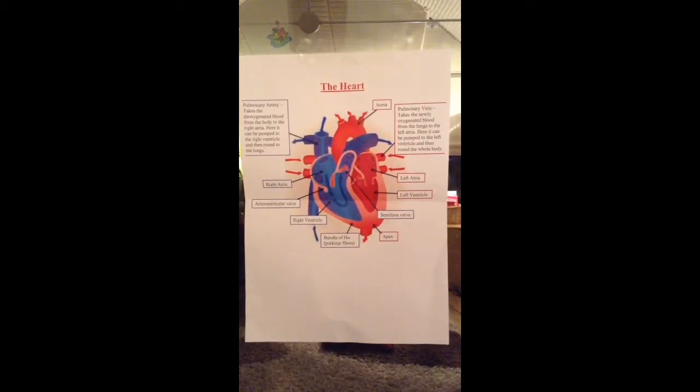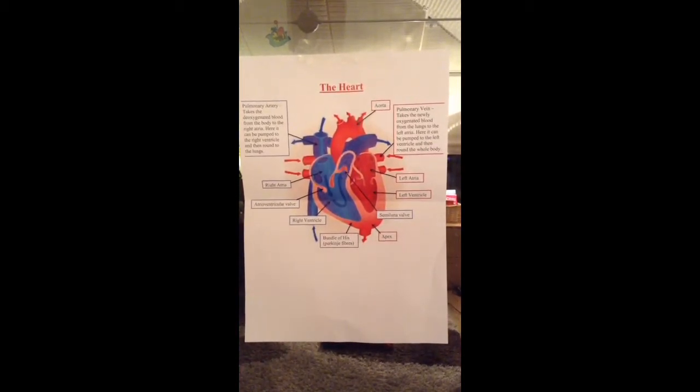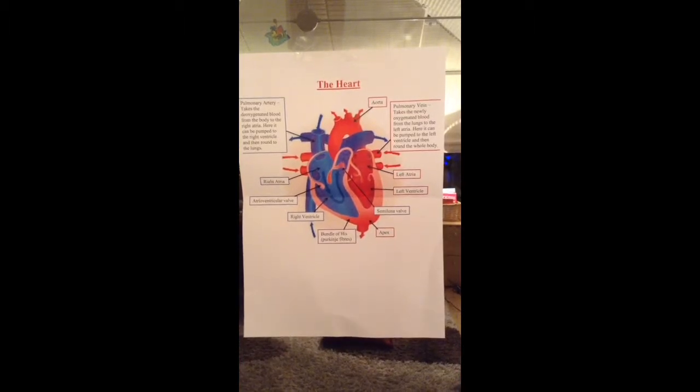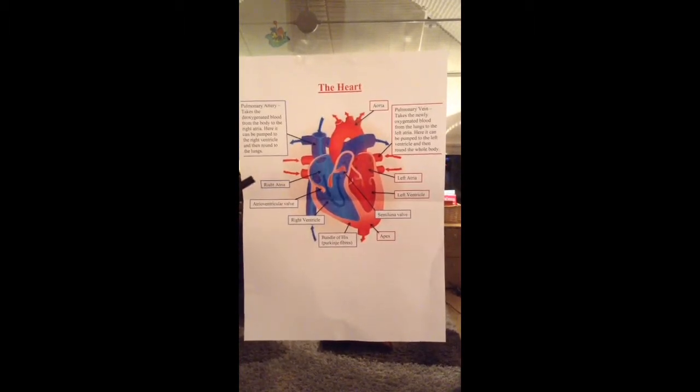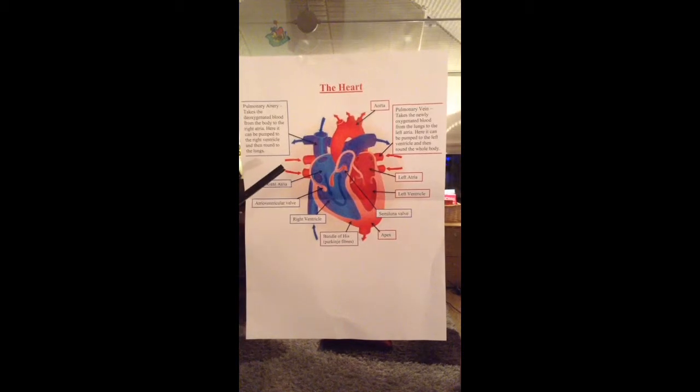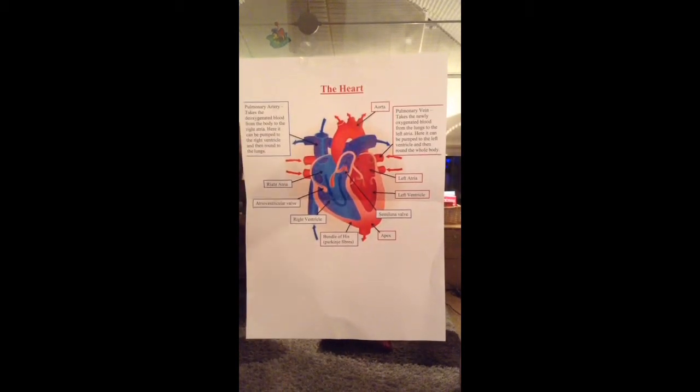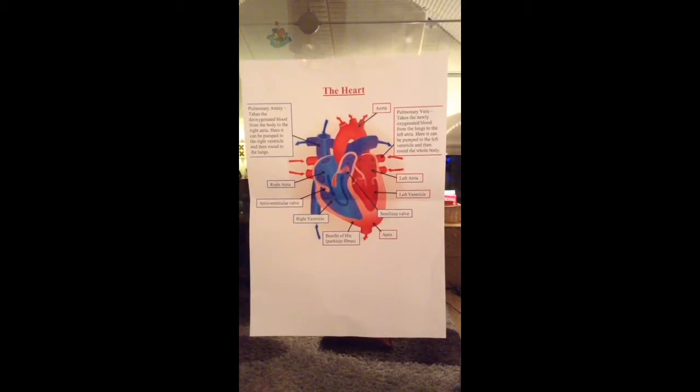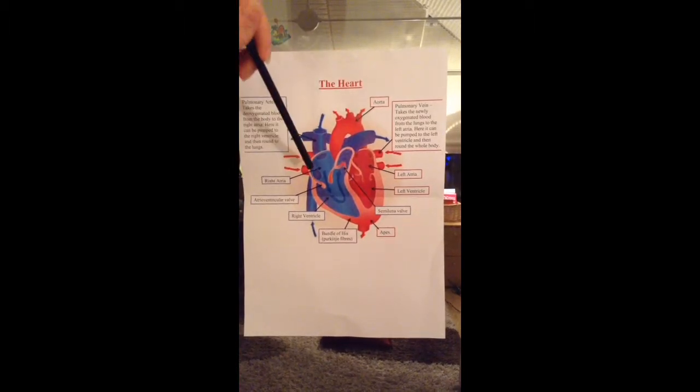So basically, the way the blood moves through the heart, it's all about pressure. When the pressure is increased in one chamber, the blood will move into the next chamber. Start by saying about the atria.